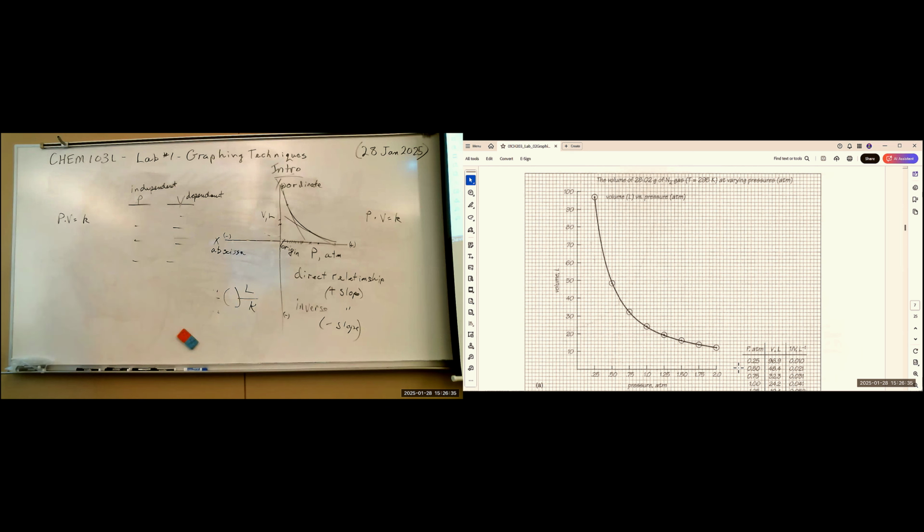Can I do it? Well, I wouldn't be talking about it if I couldn't do it. We're going to do some mathematical manipulations. How do we get this form into a straight line? Right now, it's not a straight line. It's not y equals mx plus b. These are our variables. What if we divide both sides by the same value? V. We can do that.